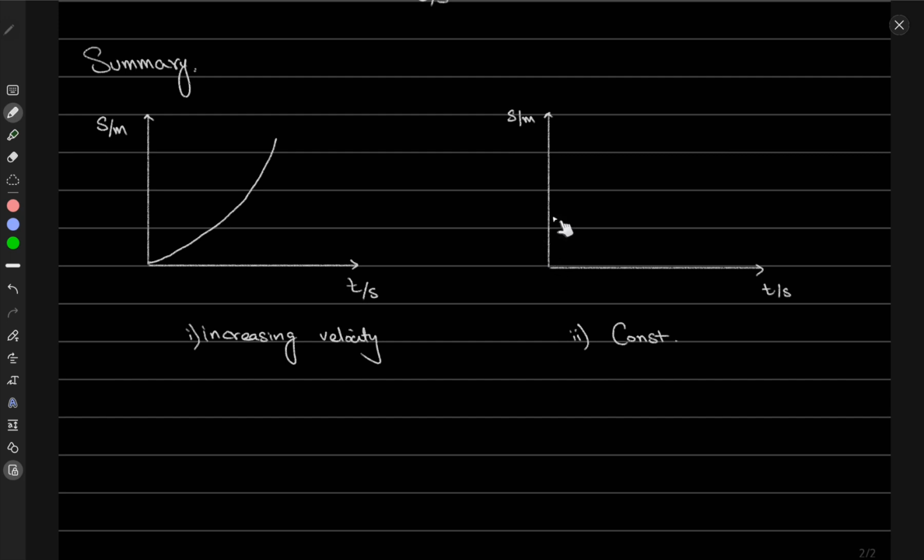So it's increasing at a constant rate, because remember, constant velocity implies that the displacement is changing with time, but at a constant rate. So that would look like a straight line between these two axes. So this is a constant velocity. At every point, the ratio between s and t is going to be the same on this graph. Hence, the velocity is a constant value.